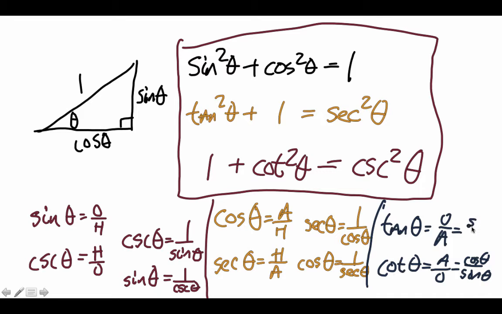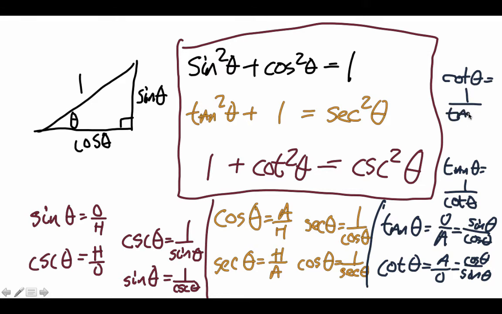This is equal to the sine of theta over the cosine of theta. And those are also reciprocals of each other. The tangent of theta is equal to 1 over the cotangent of theta. The cotangent of theta is equal to 1 over the tangent of theta.